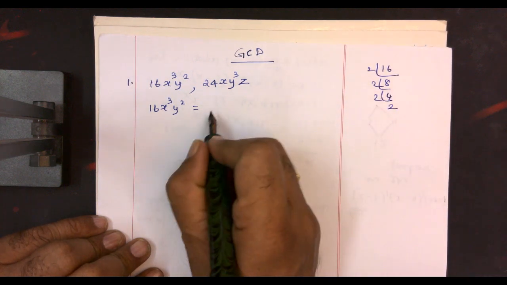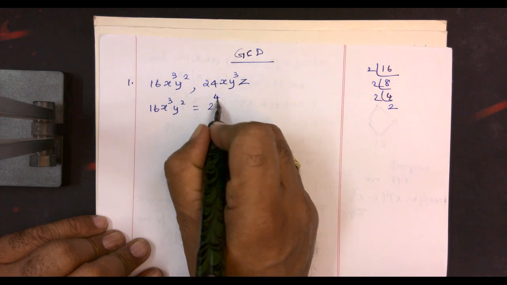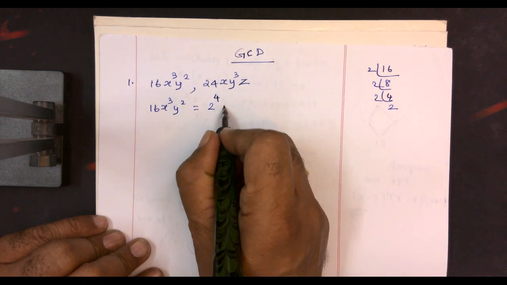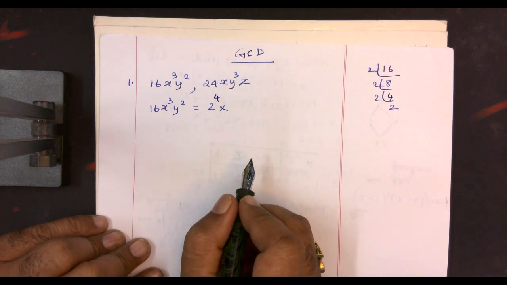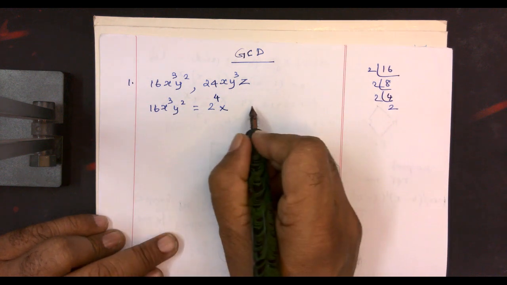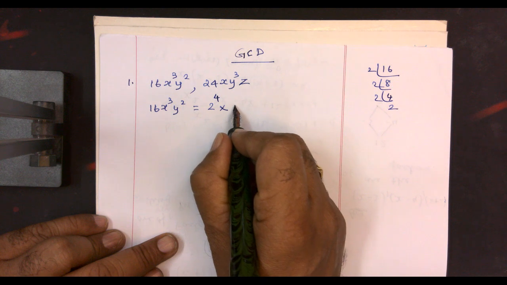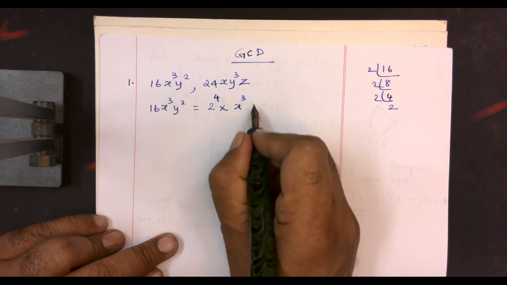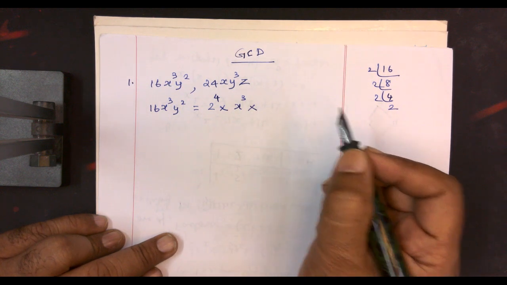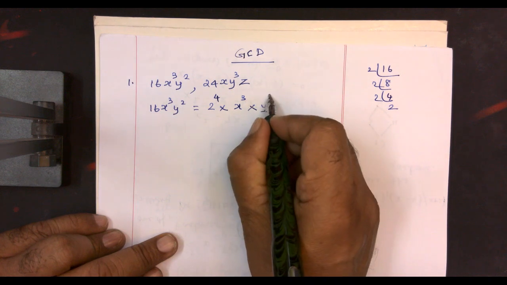It means 2 power 4, right? Into, and what about x cube? X cube is as such x cube. You can put x cube. And then y square. That's it.